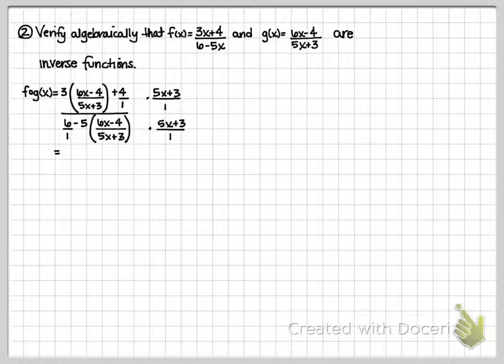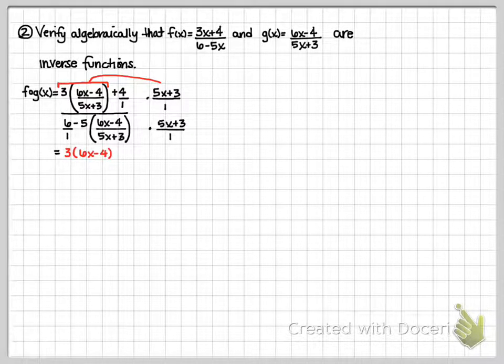So if I distribute my 5x plus 3 to the first thing, which is this guy right here, I see that the 5x plus 3 numerator and the 5x plus 3 denominator are going to cancel. So all I'm going to have left from that, and I'm just going to keep with the red, is the 3 out in front still, and just the numerator of the fraction, 6x minus 4.